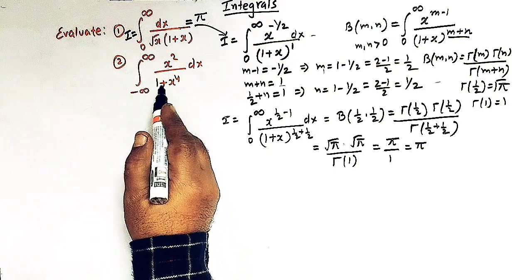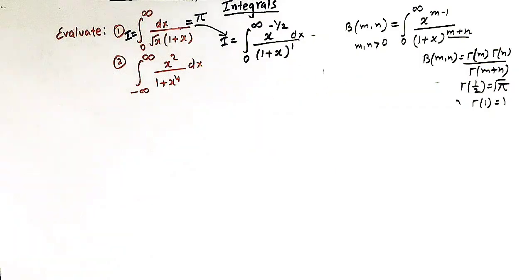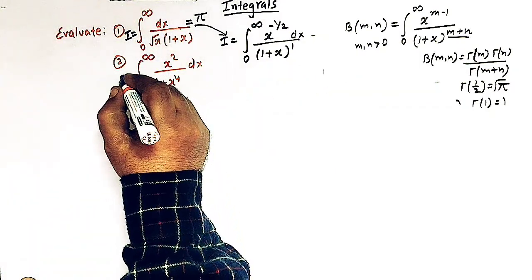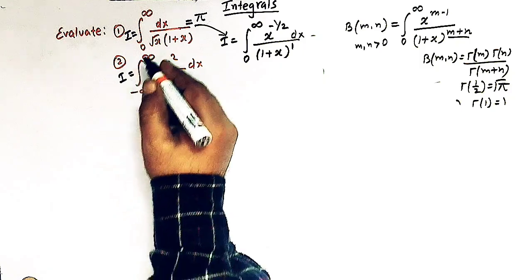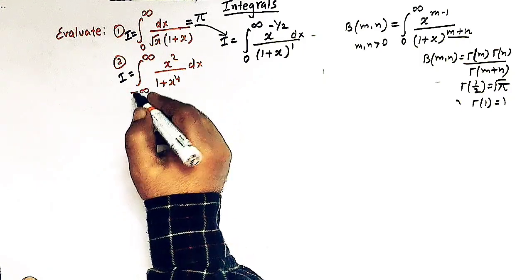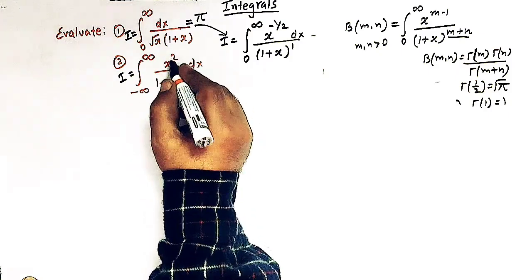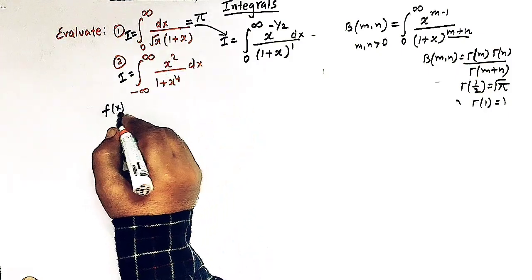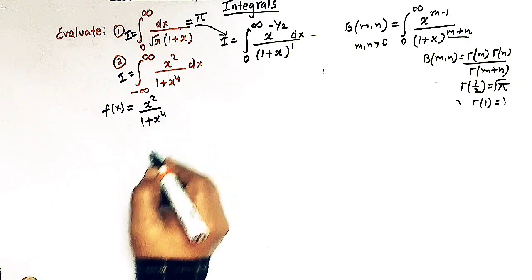Now let us take the second problem. So now let us take this integral as I, right? Now here the limits of integration are from minus infinity to infinity, and here the integrand, that is say f of x, is x square over 1 plus x raised to 4.